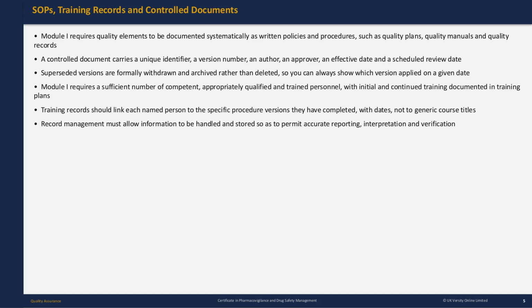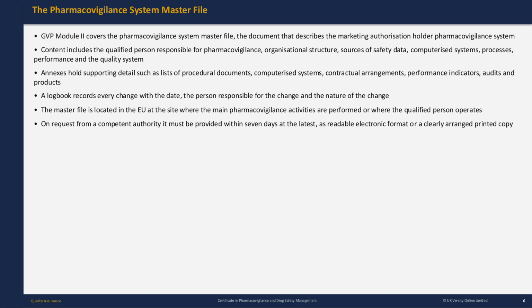Superseded versions are formally withdrawn and archived rather than deleted, so you can always show which version applied on a given date. Module 1 requires a sufficient number of competent, appropriately qualified and trained personnel, with initial and continued training documented in training plans.